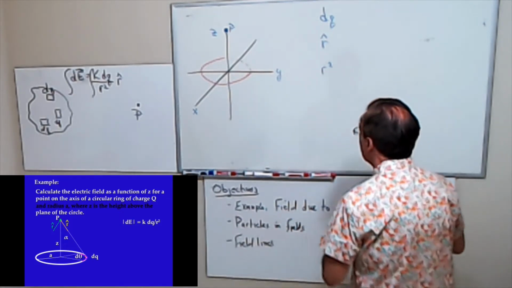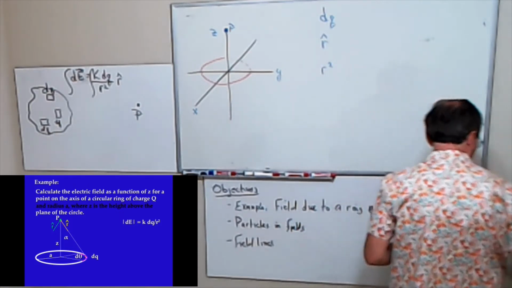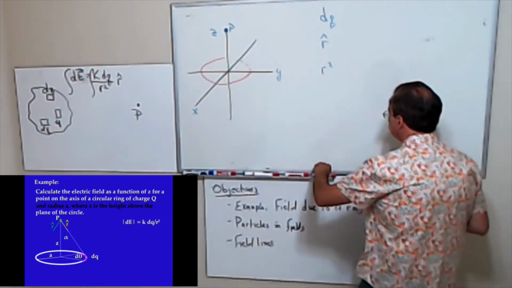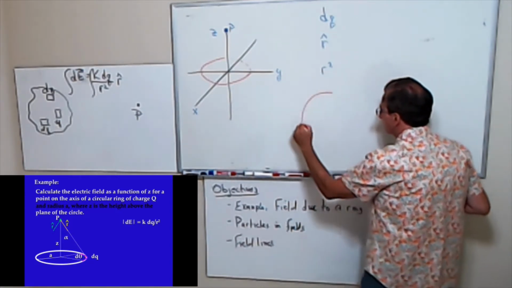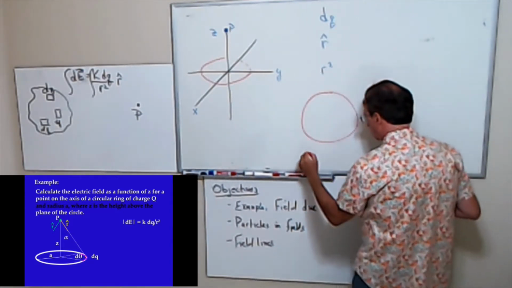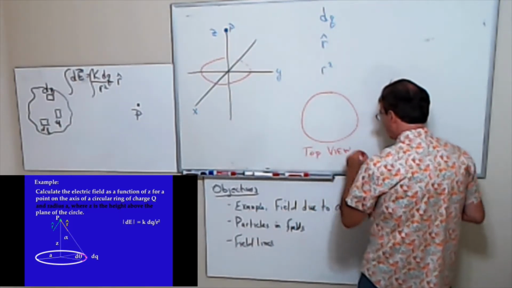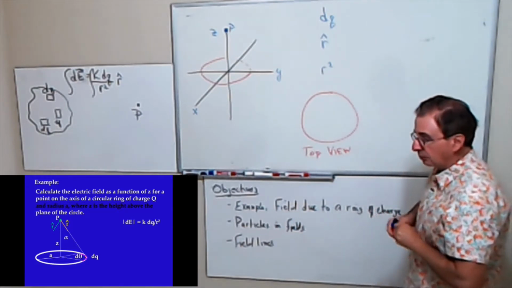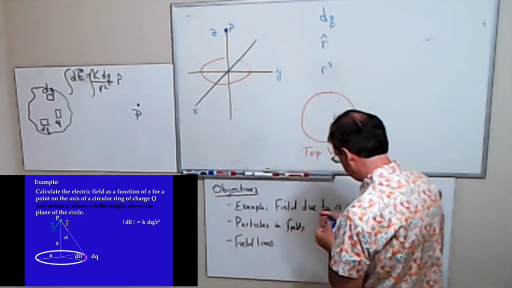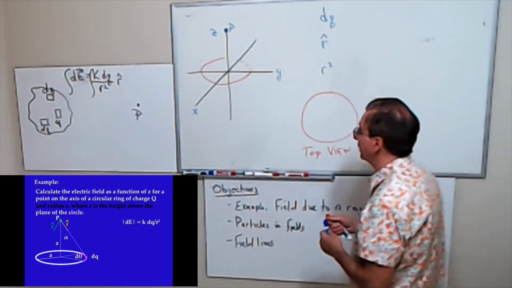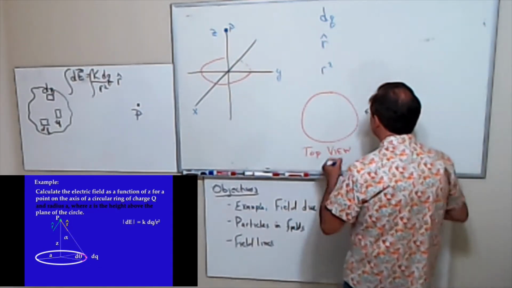So I want to break this ring up into small pieces. So I'm going to look at the ring from the top view. I'm going to break it up into pieces small enough so that the density is constant over that piece, but also small enough so that the field is constant over that piece.